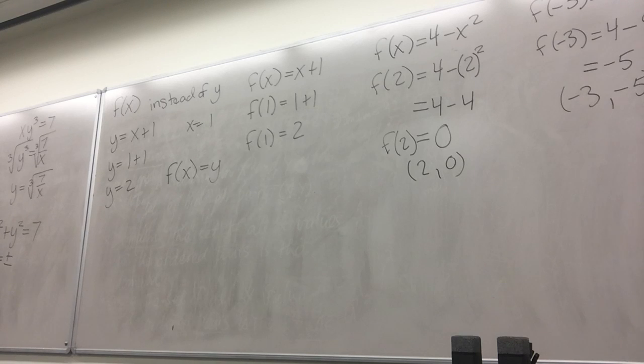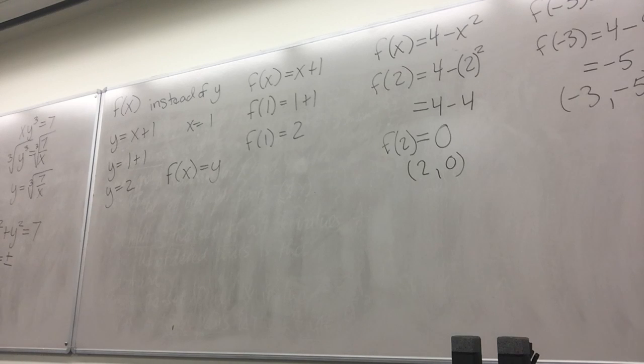Okay. What if we had more than just one thing, right? What if we had x plus 1? What would we do here? Replace the x with x plus 1.